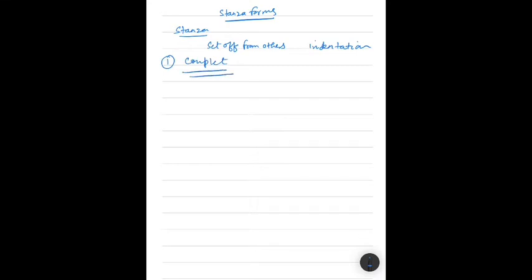I think this is very well known to you, that a stanza of 2 lines is called a couplet. Generally in Hindi we call it doha, a stanza of 2 lines. Similar to this, we have a word called heroic couplet.